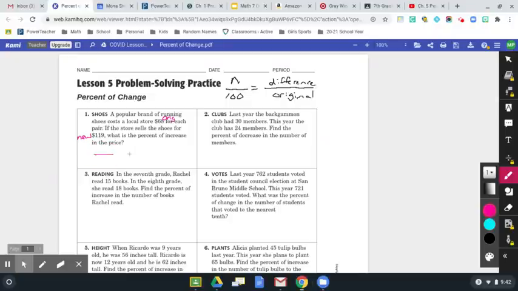So if we set it up and we talk about n over 100, the next thing you need to do is find that difference. So subtract those two values: 119 minus 68. Pick up your calculator, subtract those amounts right now, and let's get that difference figured out.